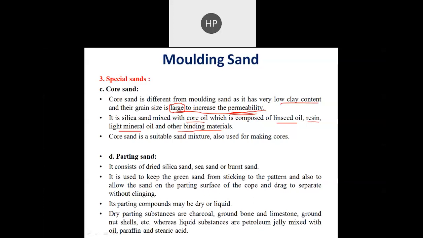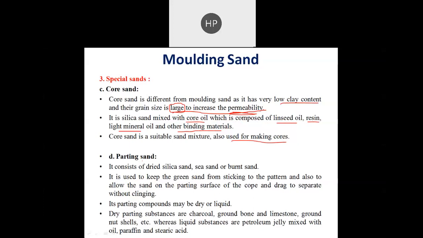And the core sand is a suitable sand mixture also used for making the core. So when we are going to produce a core, the mixture that we make with all these ingredients like linseed oil, resin, light mineral oil and other binding material will be useful for making the cores.